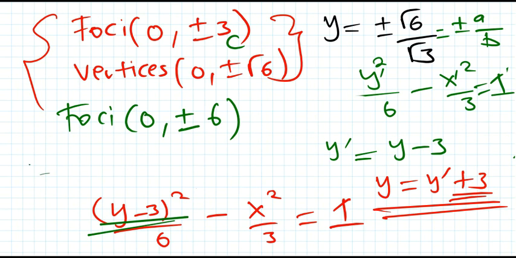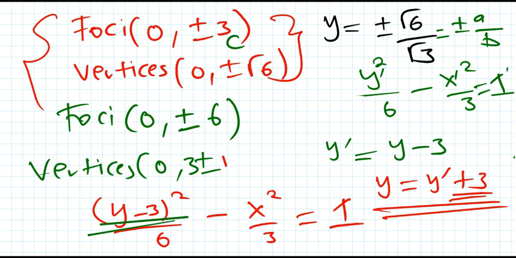And then the vertices are going to become 0 comma plus or minus root of 6, which is supposed to be added by 3. So 3 plus or minus root of 6. Okay, I think it would be fair as well to mention that for the foci, which is plus or minus 3, we are adding the 3 to it as well.